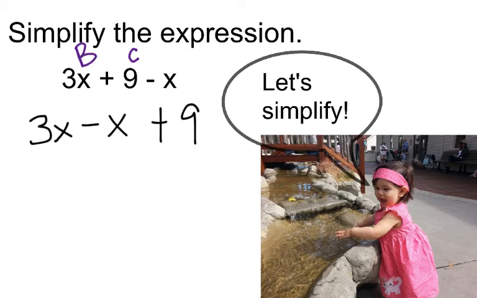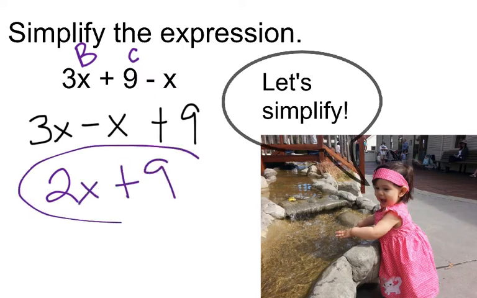So if I had 3 boxes and I took away 1 box and I added 9 individual cookies, when I simplify, I would have 2 boxes plus the 9 cookies. So that's my simplification. Again, putting a label on things can often make it easier to simplify.